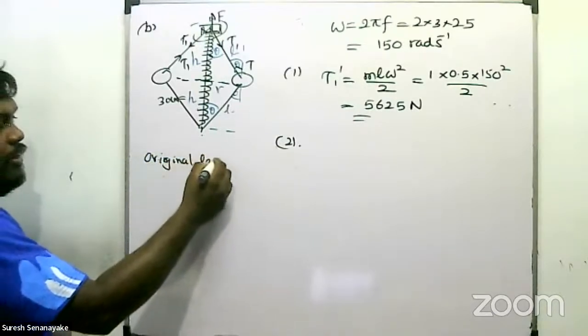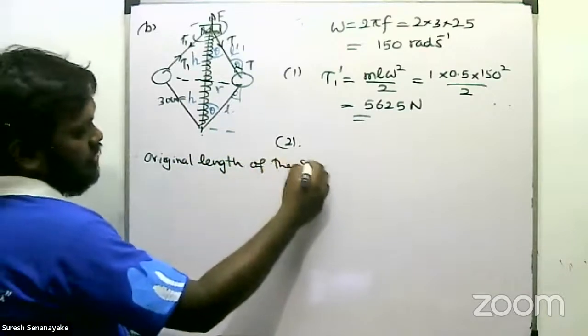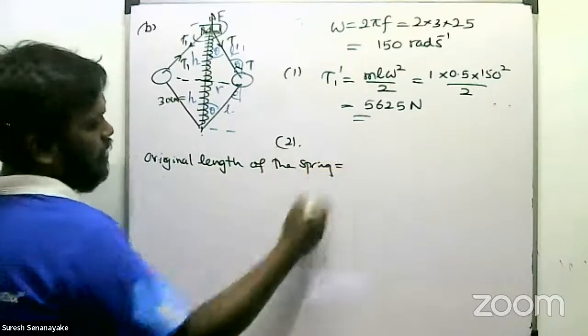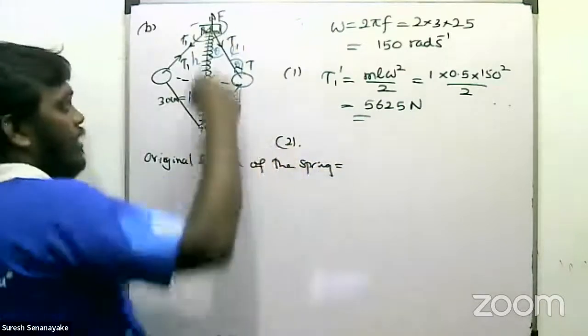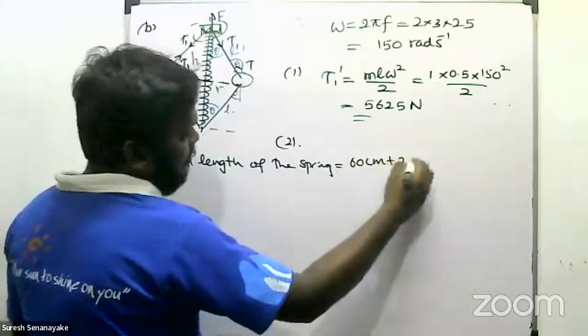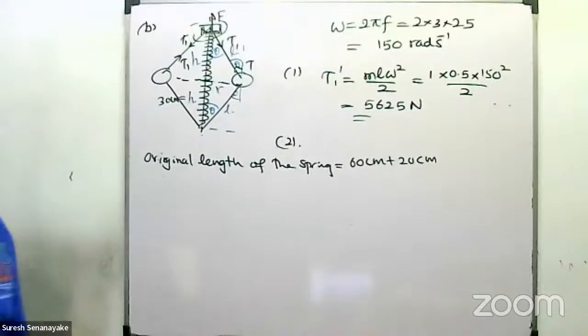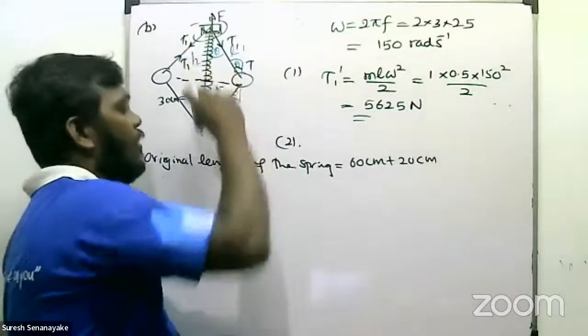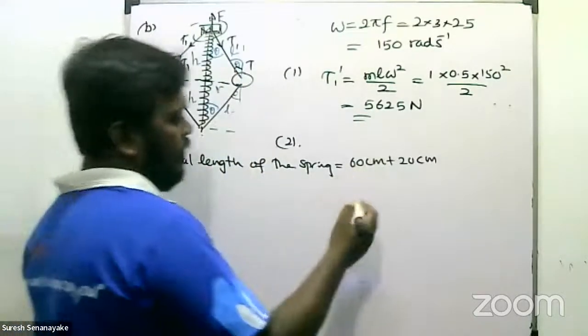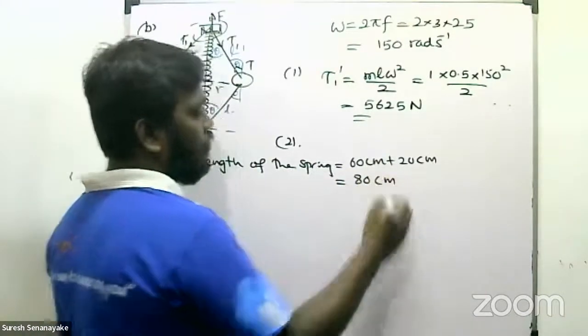Now this length is 60 centimeters plus the 20. 20 is the contraction they gave at that point. So 60 plus 20, that is 80 centimeters is the natural length of the spring.